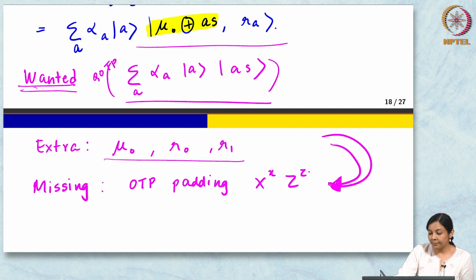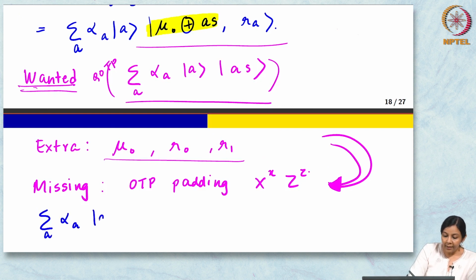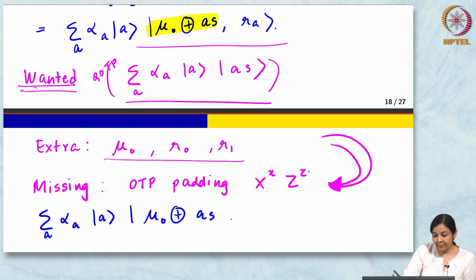The extra stuff can be made to give us the missing stuff, this is the claim, okay, and we will see why this is true. So, does everyone at least see what we are trying to do over here? Okay. So, I am going to rewrite my A alpha A mu 0 XOR AS R A.